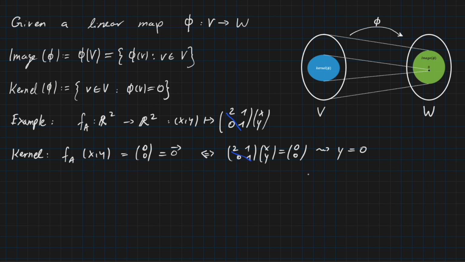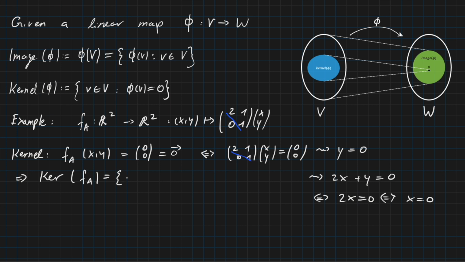And then we can also read 2 times x plus y equals 0. This is the first line here, and this is equivalent to 2x equals 0 because y is 0, and this is equivalent to x equals 0. So this means the kernel of f_A is just 0.